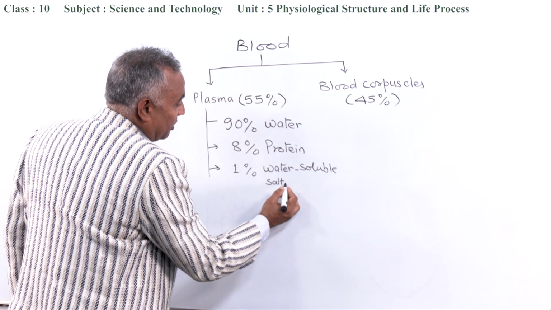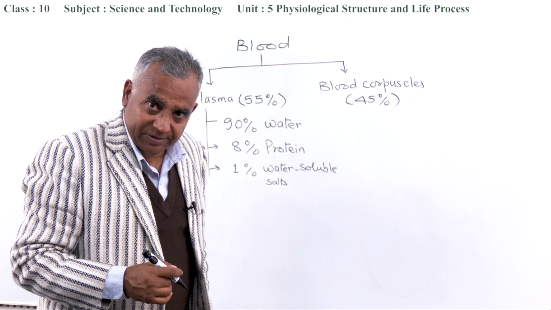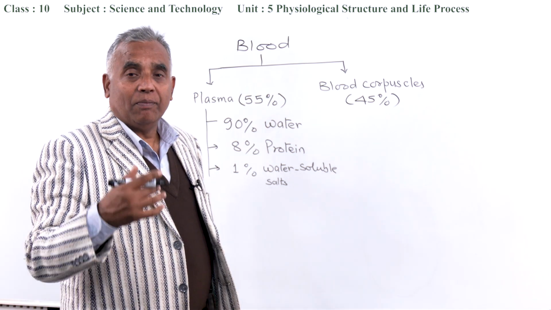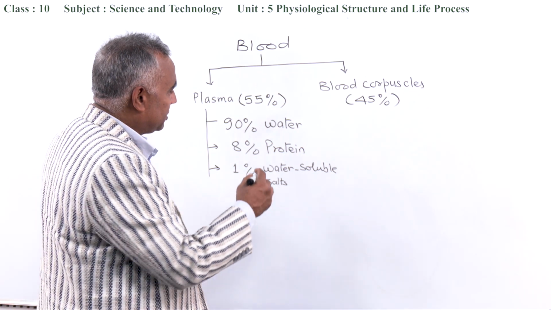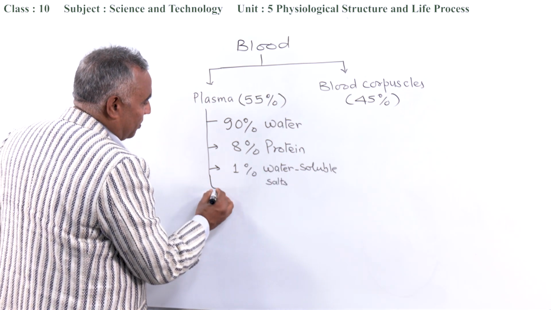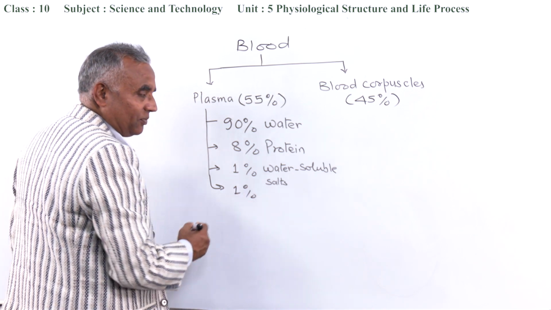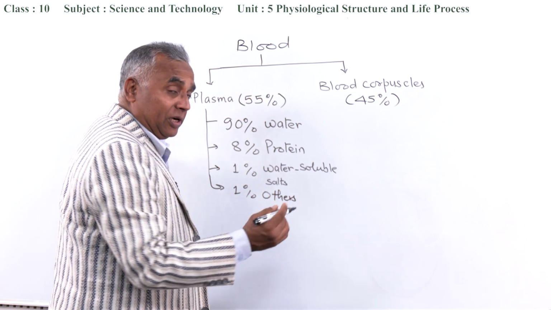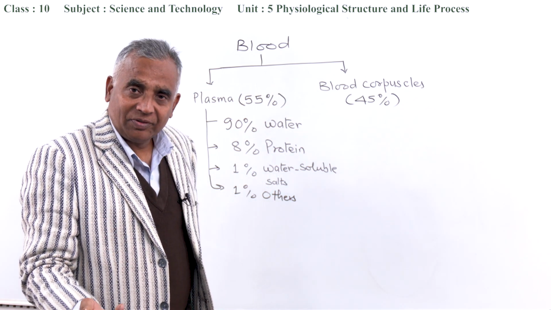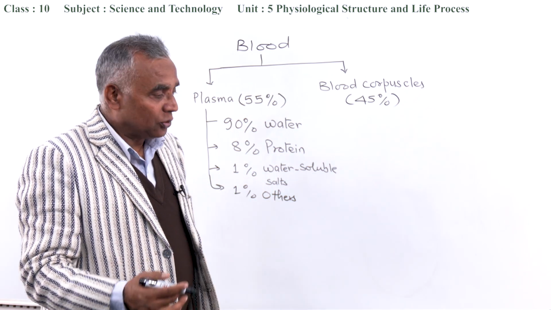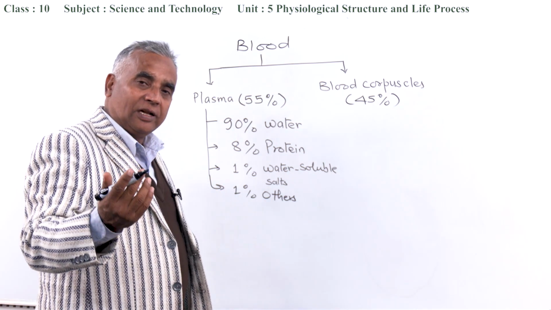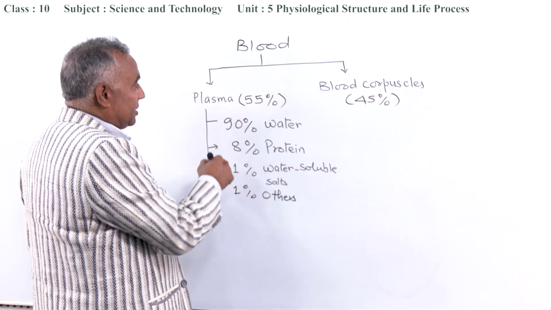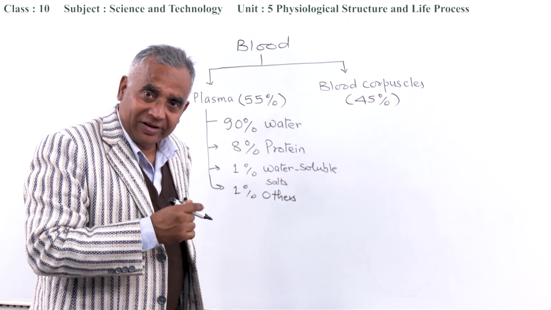Can you give some examples of water soluble salts found inside our blood? They are NaCl, sodium chloride, sodium bicarbonate. Like that, these salts are found in it. And 1% others. What may be in others? Maybe carbon dioxide, maybe urea, maybe other excess salt, maybe hormones. So these are the things required for the cells and those formed in the cells as waste materials. That is the composition of plasma, about which you have already finished.